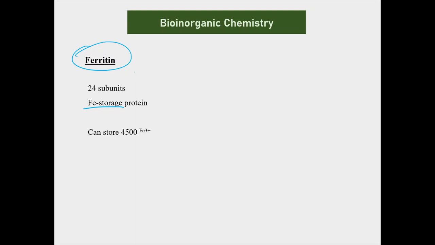Ferritin is the main iron storage protein in the human body, and also in other animals. In the human system also, ferritin is the largest Fe storage protein. There are 24 subunits of this protein.